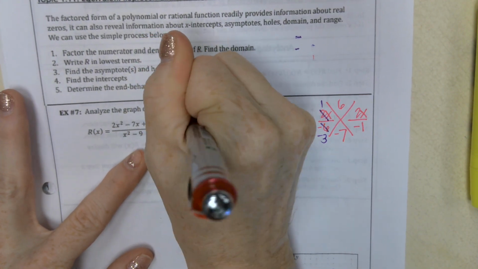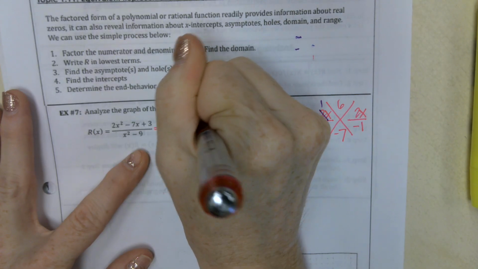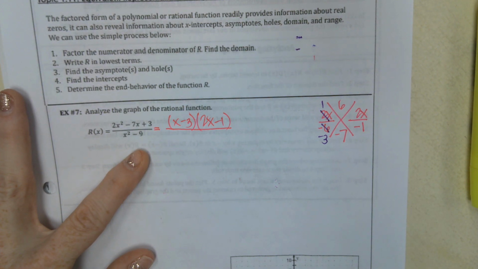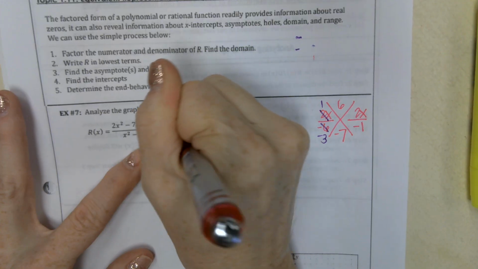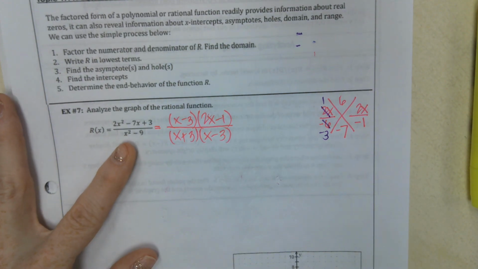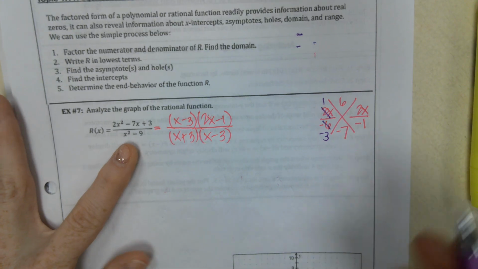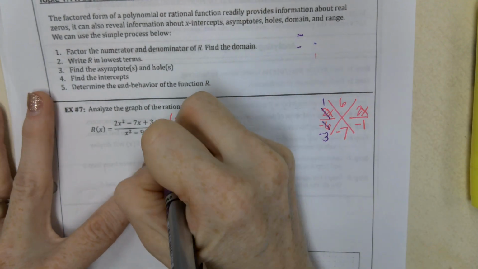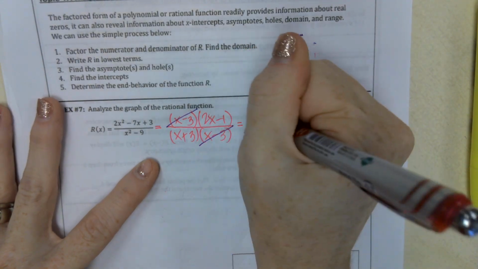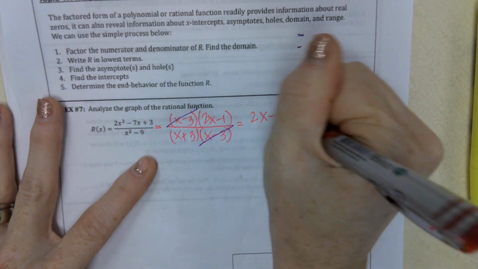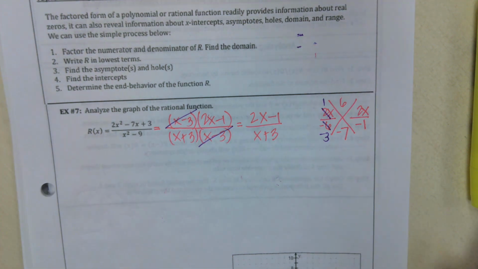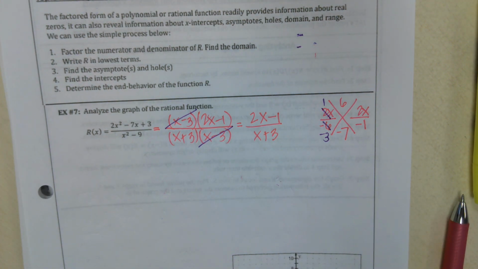So I got x minus 3 times 2x minus 1. And then this factors into x plus 3 and x minus 3. What simplifies? The x minus 3's. So my final simplified expression is 2x minus 1 over x plus 3.